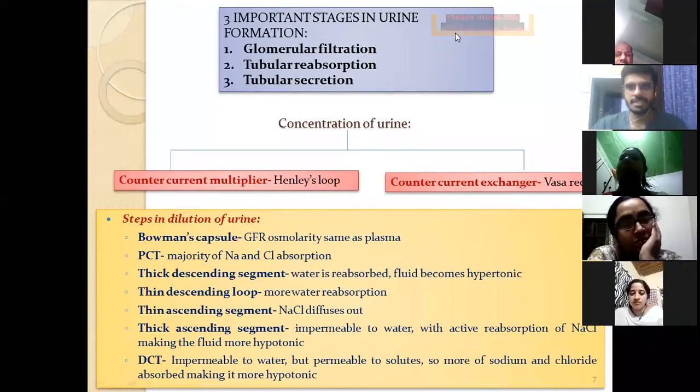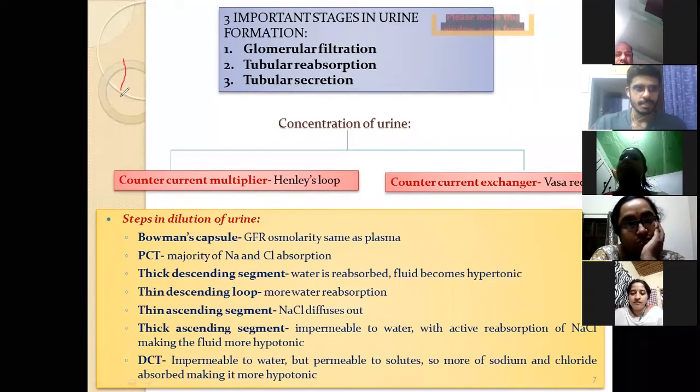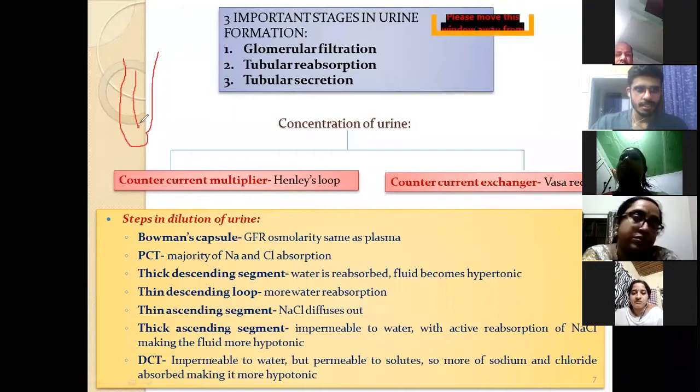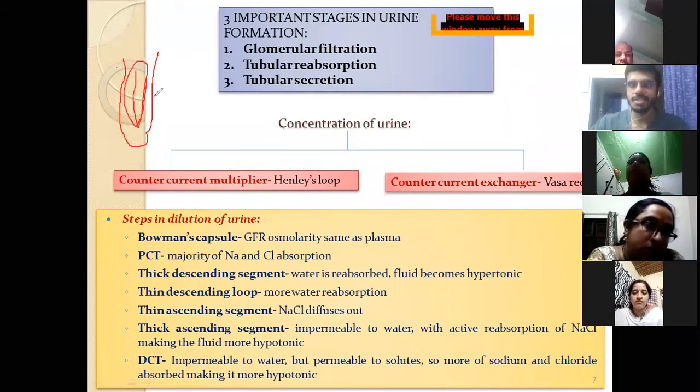The concept of the counter current mechanism states that in this area, the loop of Henle, the interstitial fluid present between the loop of Henle is maintained in a concentrated, hyperosmolar state.